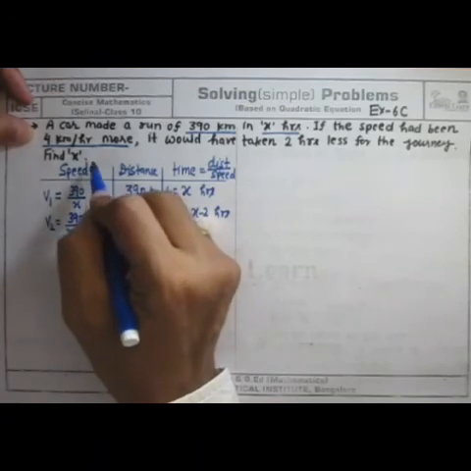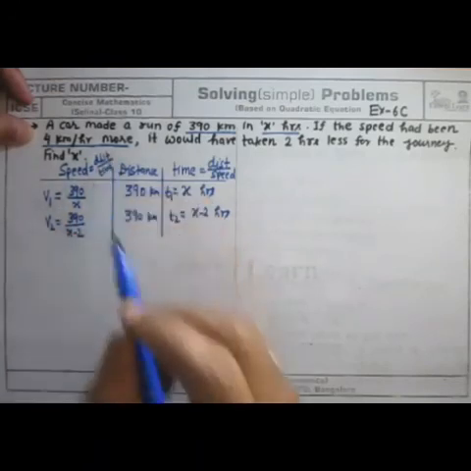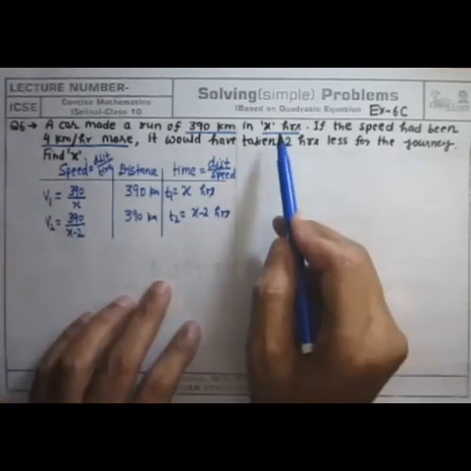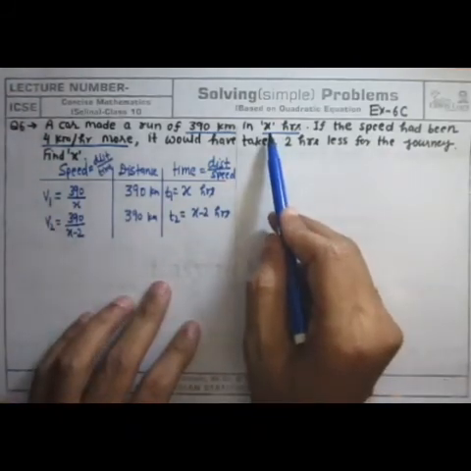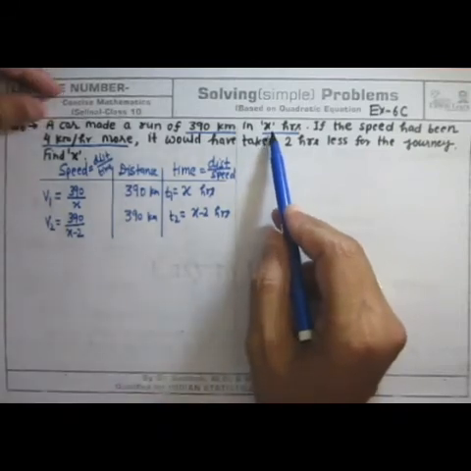Speed is equal to distance by time. So in the question, time is given in terms of x. Clear? So that's why I have written here.